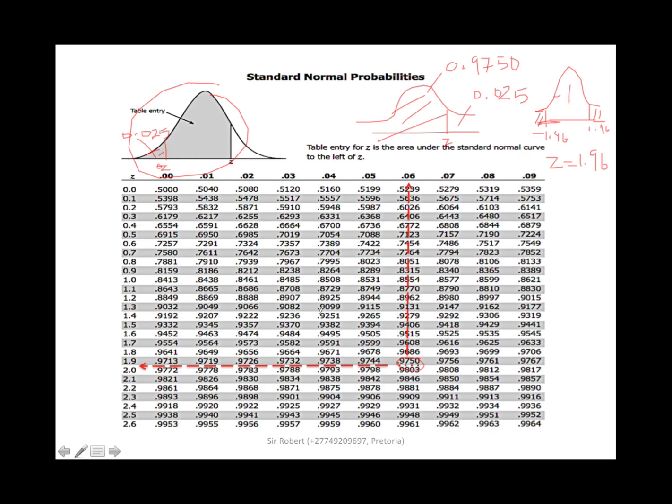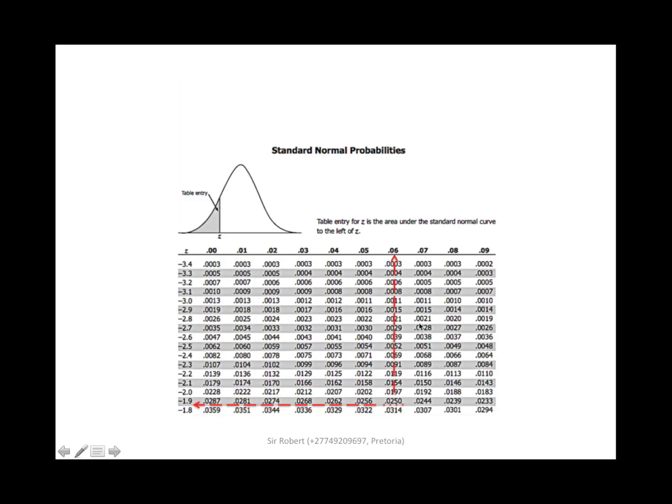So now, since we got the Z scores, you can see also that if you consider 0.025, you also get minus 1.96. Remember, the normal distribution is symmetrical. So once you know that the values will be identical, you just write it because they are symmetrical. But I just wanted to show you that whether you start with that one or the other one, you get the same.